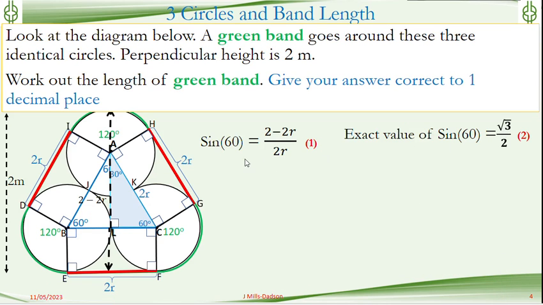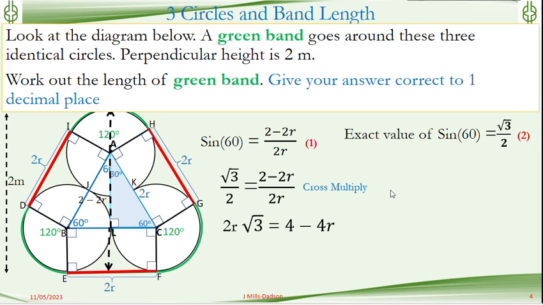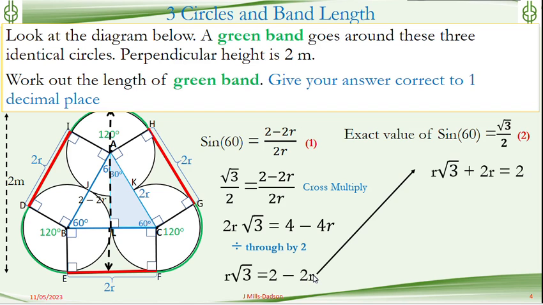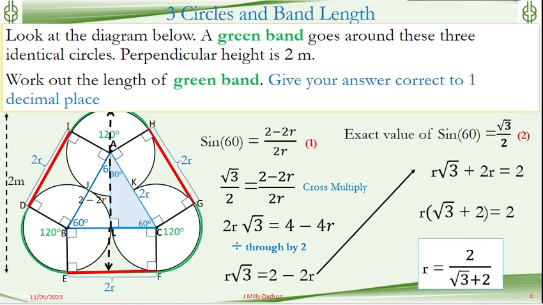Now let's replace sine 60 with root 3 over 2 and solve for R. If you solve for R, you cross multiply: 2R root 3, and 2 times 2 is 4, 2 times minus 2R is minus 4R. Divide through by 2, that's fine. Then group the R's, factor out R, and divide 2 by root 3 plus 2. So that is the length of the radius.